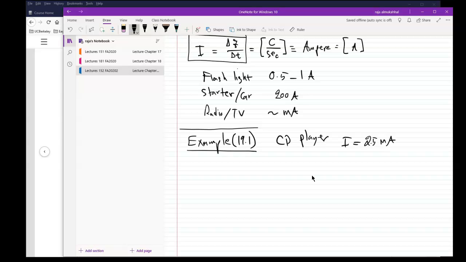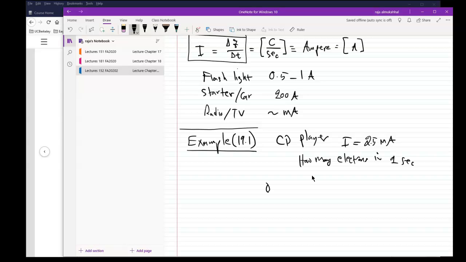In other words, the CD player is consuming 2.5 millicoulombs per second of charge. You see what I'm saying? Okay. He says, how many electrons is this in 1 second? How many electrons flow in 1 second?